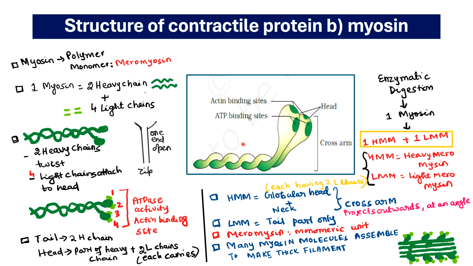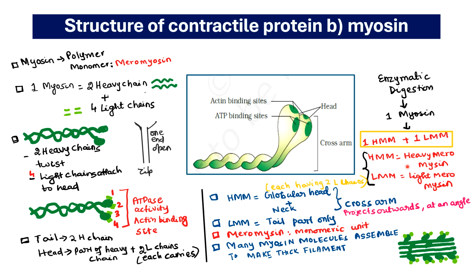Okay, now there is another thing which you need to know, that if myosin is digested with the help of enzymes such as trypsin, it leads to formation of one unit of heavy meromyosin and one unit of light meromyosin. So one myosin gives rise to one HMM plus one LMM.